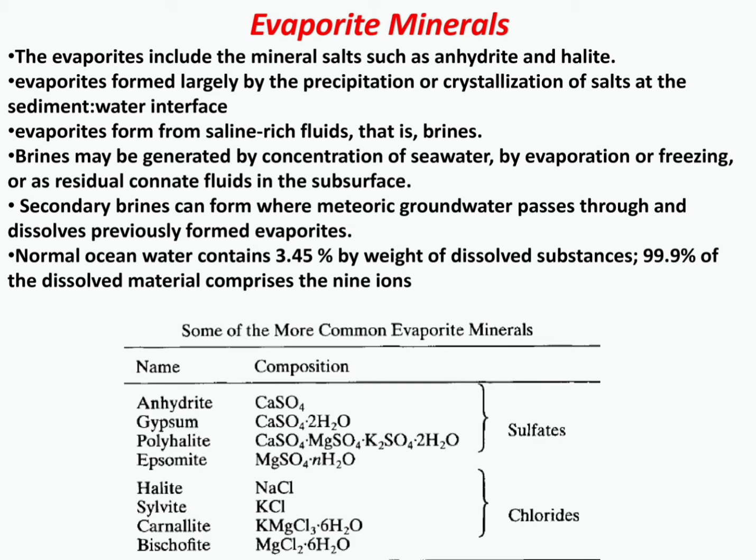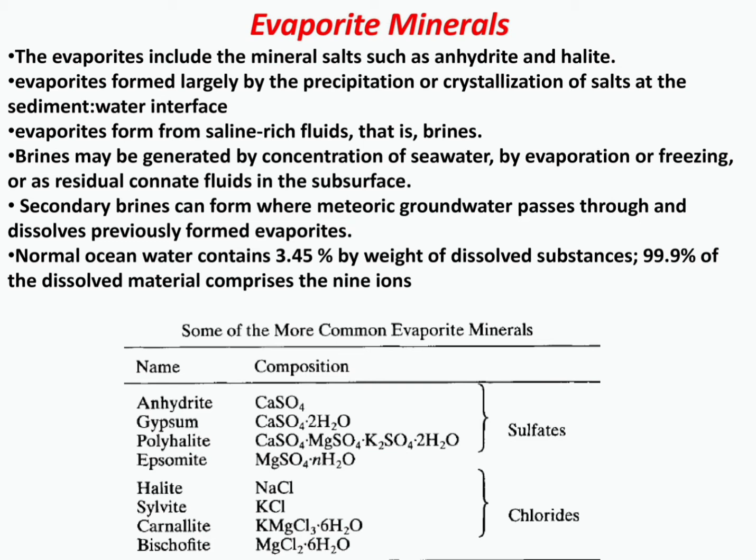Which are the major ions? That is sodium, magnesium, calcium, potassium, strontium, chloride, sulfate, bicarbonate and bromine. These are the most prominent ions you will see in seawater.